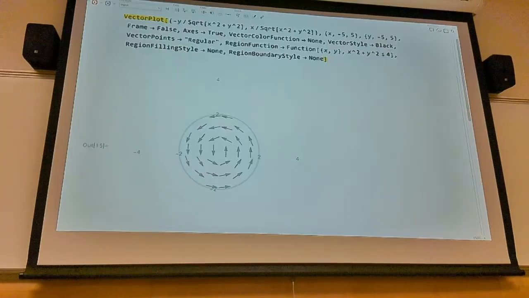Get rid of that line. Get rid of the boundary. Right, which means I could also just do this, right? Turn the boundary off and keep the shading.